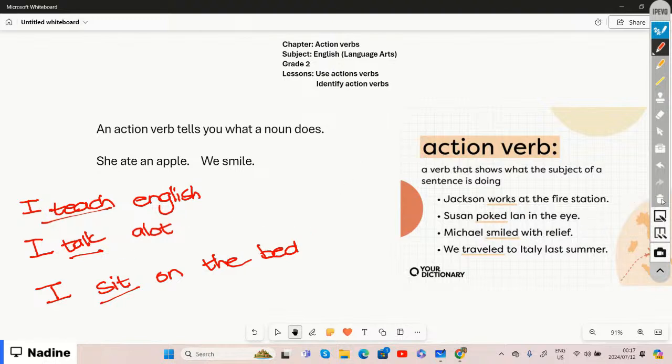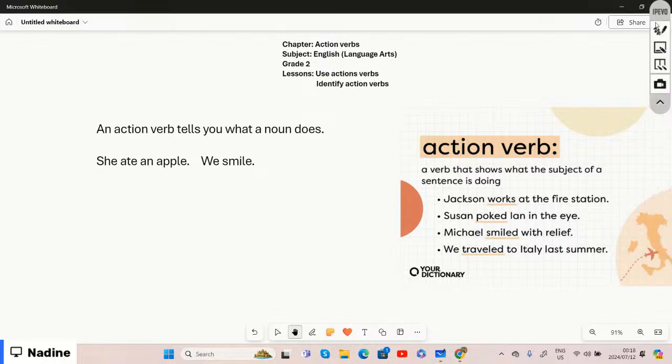All right, so now we're going to aplusstudents.ca, and we're going to do the lessons of, we're going to use action verbs and we're going to identify action verbs within the sentences.